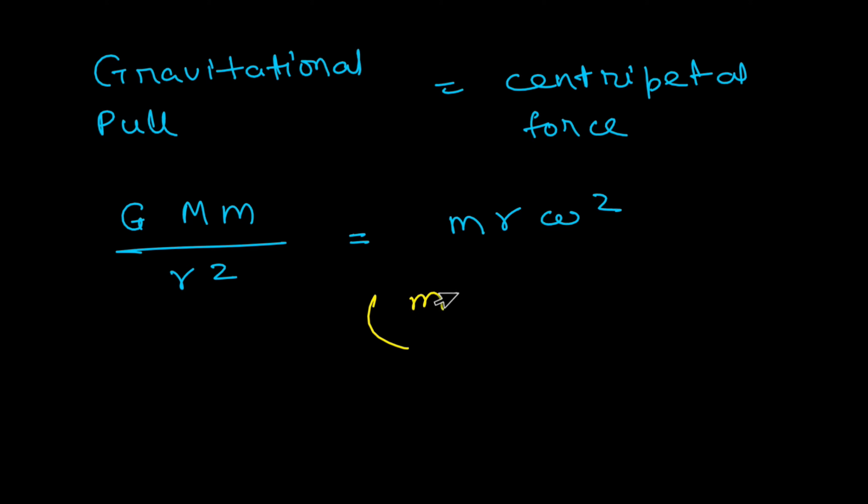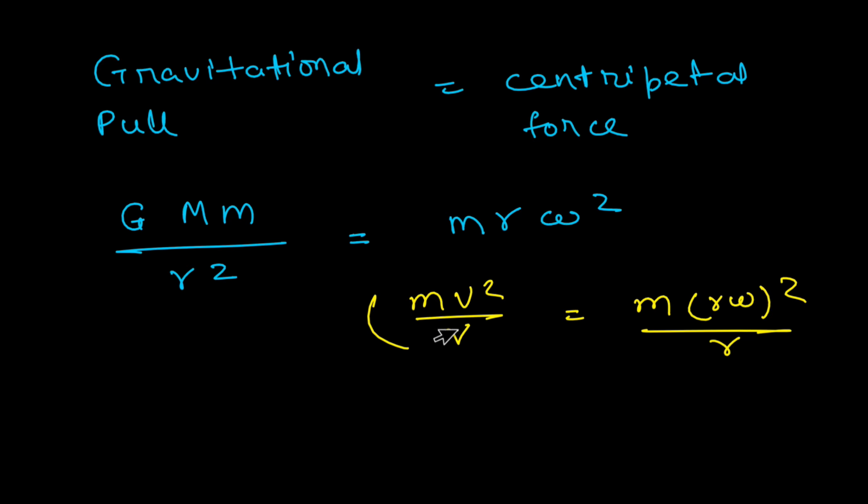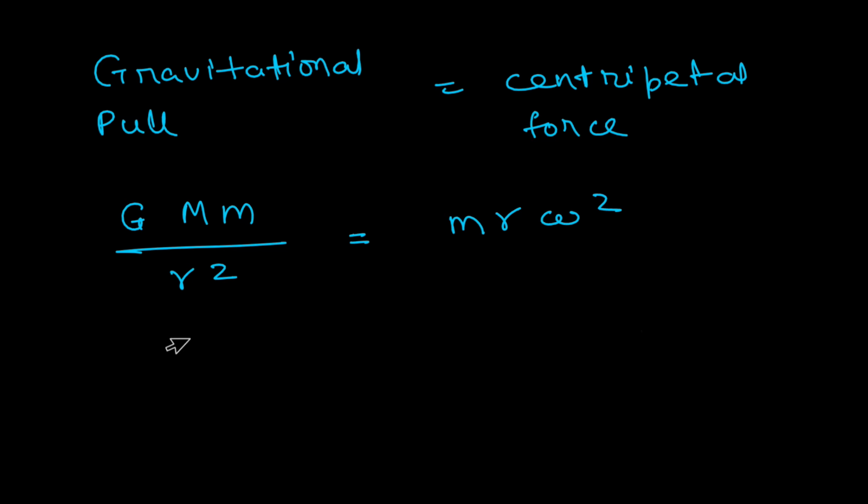Since the centripetal force is given by mv square by r, we can write m r omega square, where omega is the angular velocity of revolution. Now omega is equal to 2 pi by T, since 2 pi is the angle completed in one revolution and T is the time required to complete one revolution.